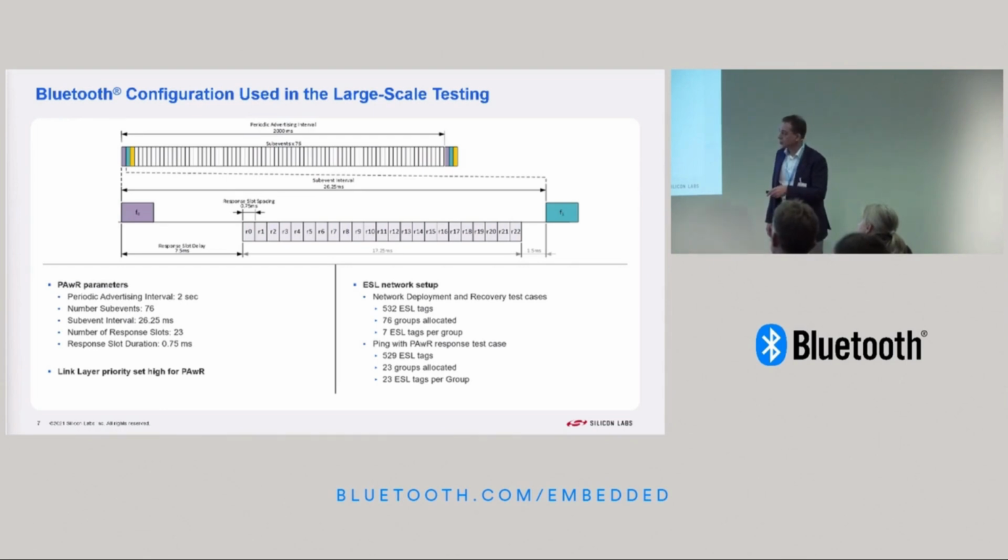The magic: we wanted to have all 23 devices respond. So we allocated only 23 groups, so we can have a full response back on that test. So we have 2 different setups. That's also flexible. Once you have the network up and running, PAWR up and running, you can play a lot with that one.